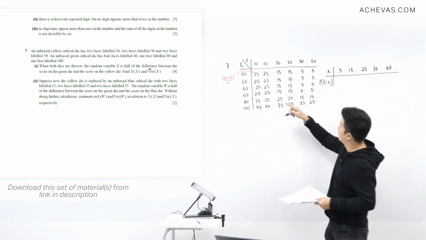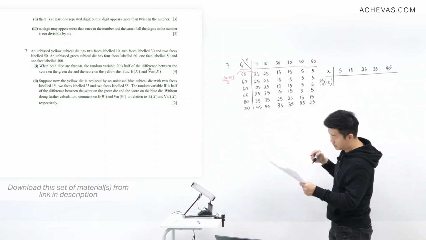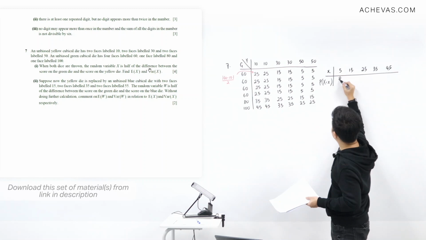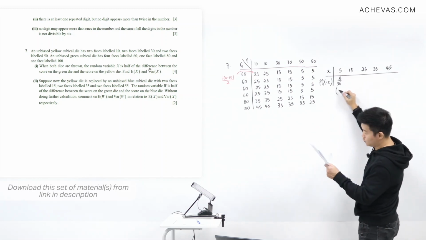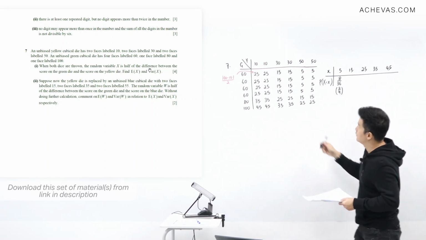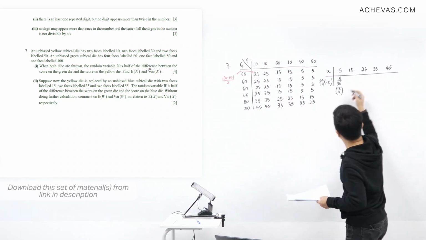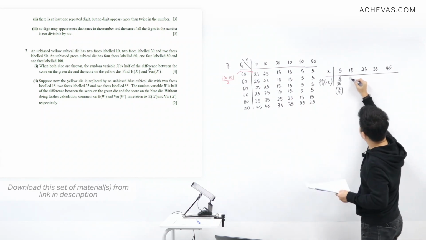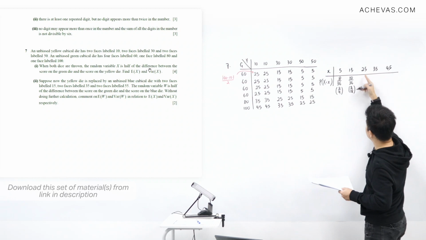So 5, there are 1, 2, 3, 4, 5, 6, 7, 8. Okay, there's no more. So it is going to be 8 over 36, which is equal to 2 over 9. And 15, we have 1, 2, 3, 4, 5, 6, 7, 8, 9, 10. So we have a 10 over 36. And this will be simplified to a 5 over 18.